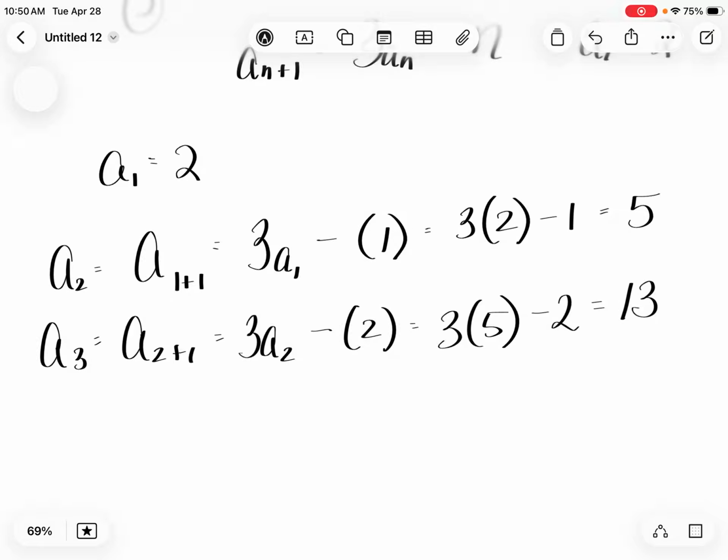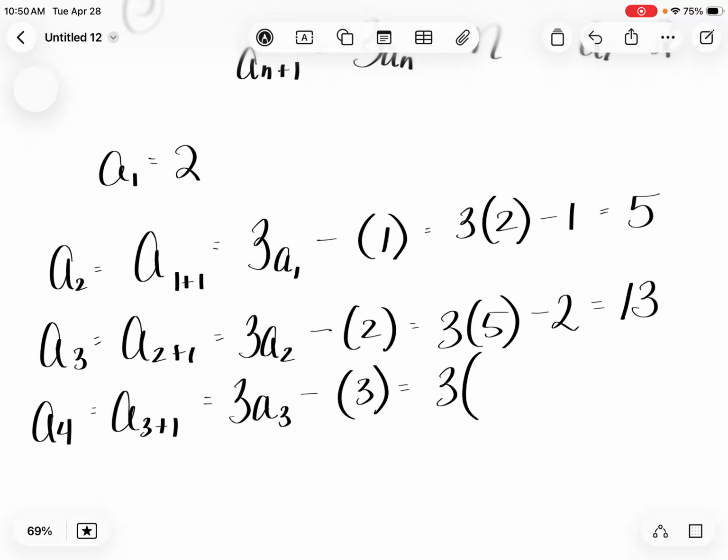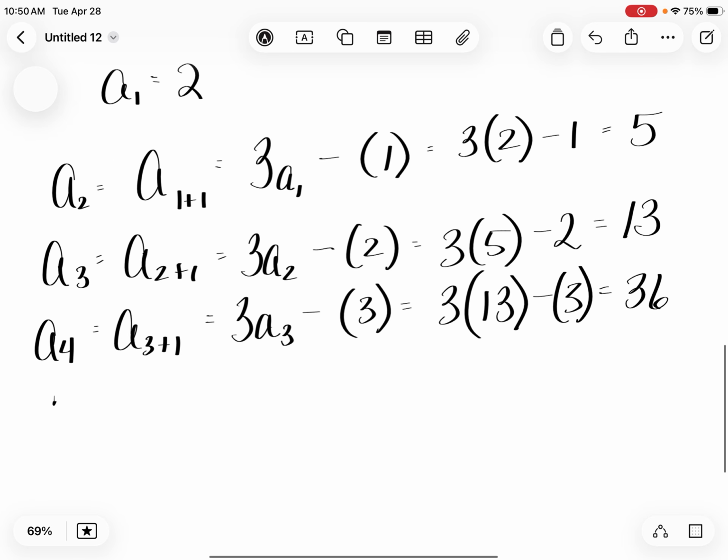So if you haven't noticed already, when I'm doing the 4th one, not that I need to write all these out all the time, but what I'm saying is I'm just saying the previous answer minus the new n. So 3 times 13 minus 3. 3 times 13 is 39. Minus 3 is 36. So just to kind of bypass to get us going a little bit, the 5th one, I'm going to jump over to here.